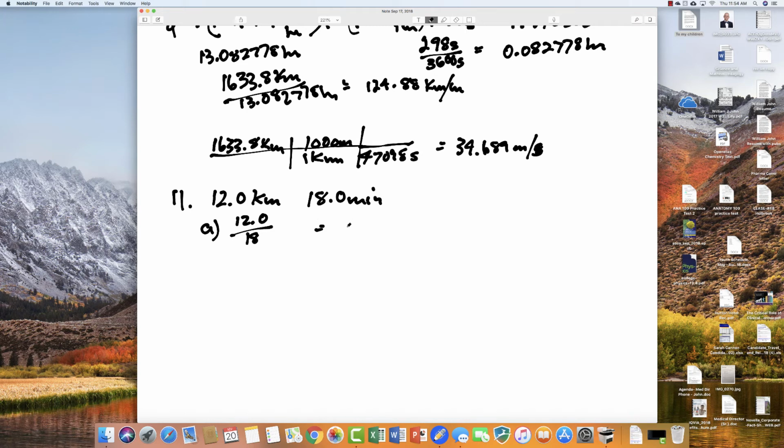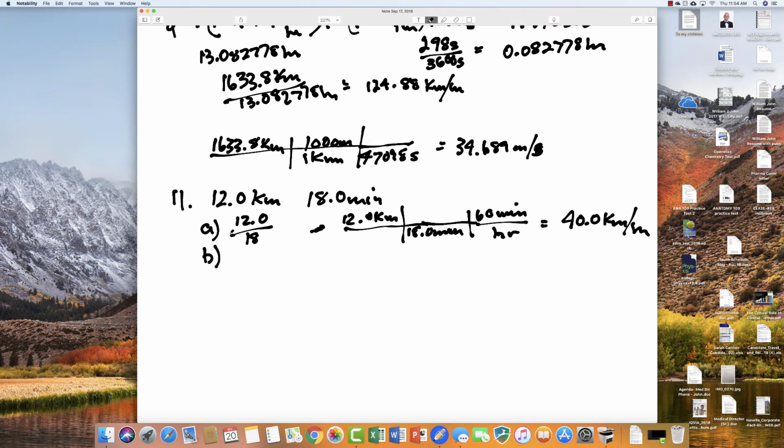Or, since most people usually work in terms of hours, you can take the 12 kilometers and 18 minutes, and then realize that there are 60 minutes in an hour. And if you do the math here, you get 40 kilometers per hour. 3 significant figures.